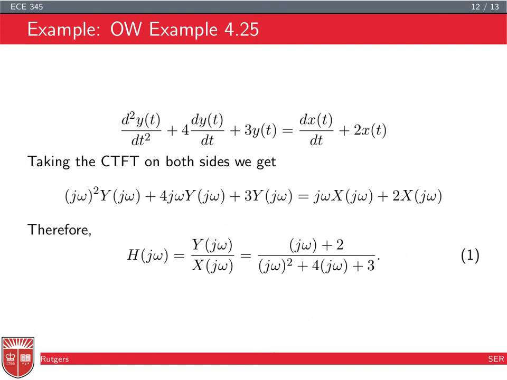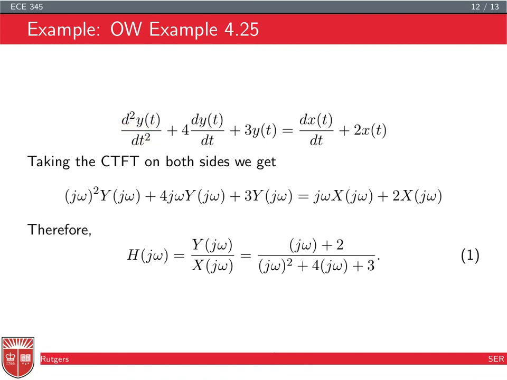Now to find the transfer function H of j omega, you should remember that H of j omega is the output divided by the input. And then what we have to do is take the CTFT on both sides, and due to linearity, this amounts to taking the CTFT of each term separately. And we just computed the CTFT of the second derivative of y of t.